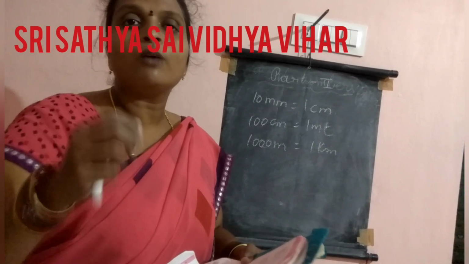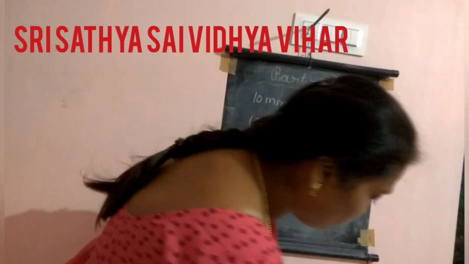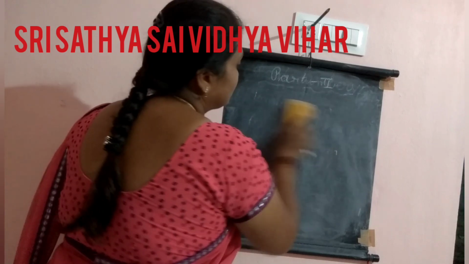Total score means we have to add both. First we have to write the statements.